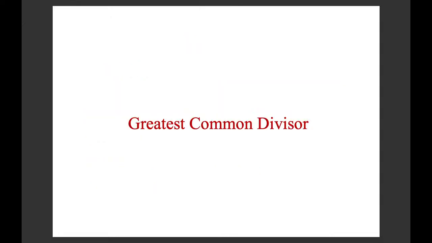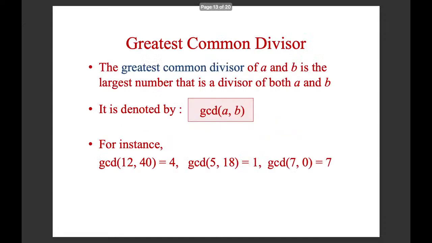Okay, now we have talked about divisor, right? So we will introduce the concept of greatest common divisor. So what is the greatest common divisor? This is the easiest meaning of it. First of all, a divisor of A is something that divides A properly.